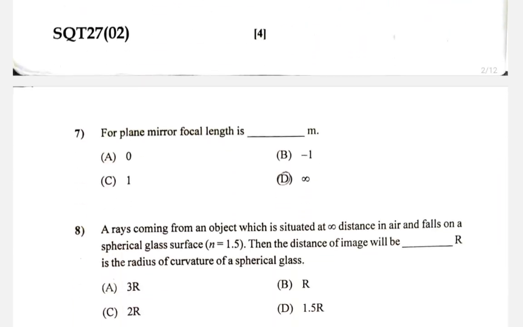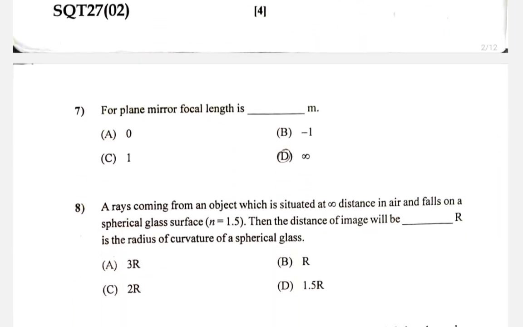Next, for plane mirror, focal length is infinity. This question is very important and very basic. In a plane mirror we see the height of a person is actual, a virtual image of the same size.